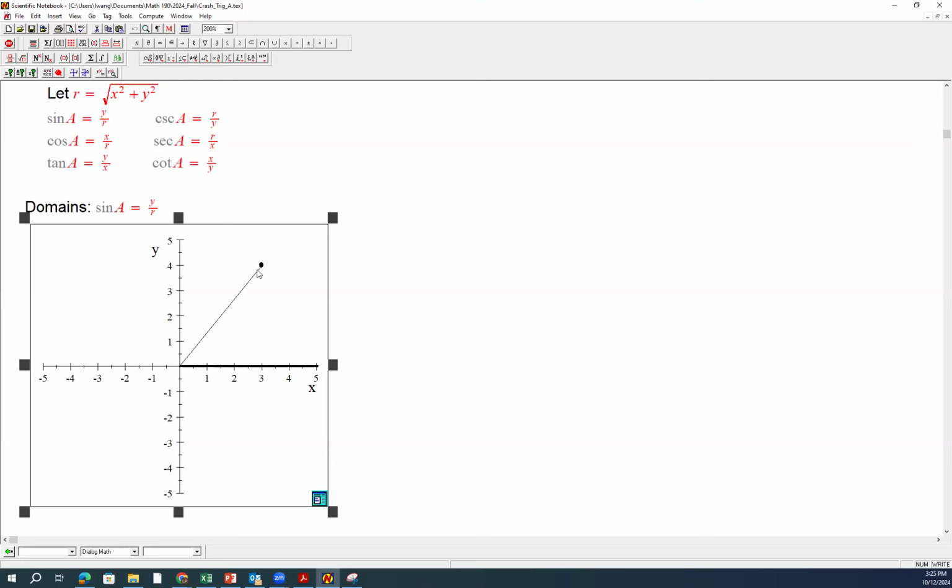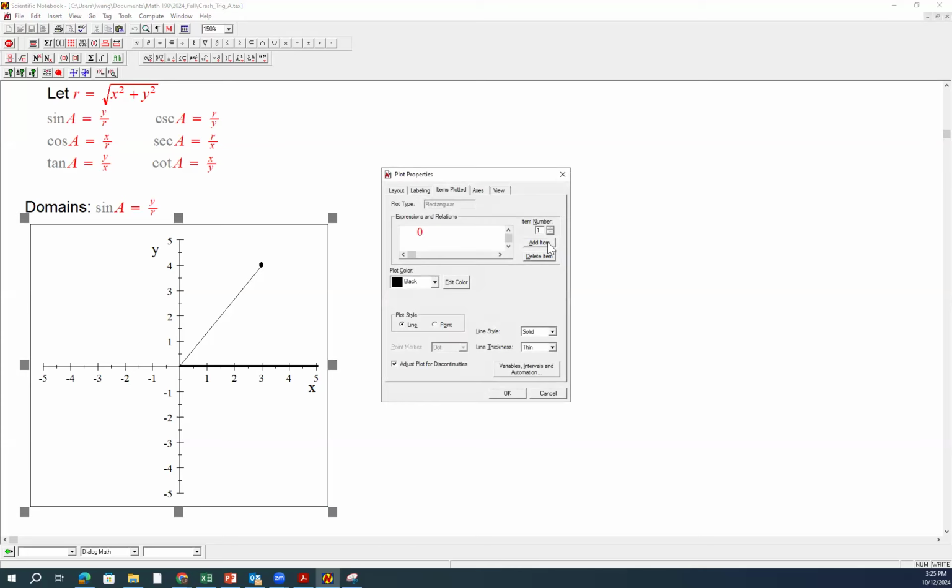So this is the terminal, and that's the angle A. So you can see y, okay, let's see what is y. y is this line. I'm going to make it blue.